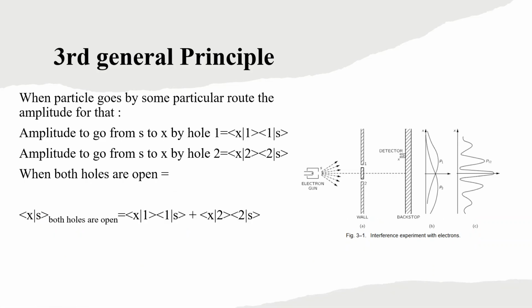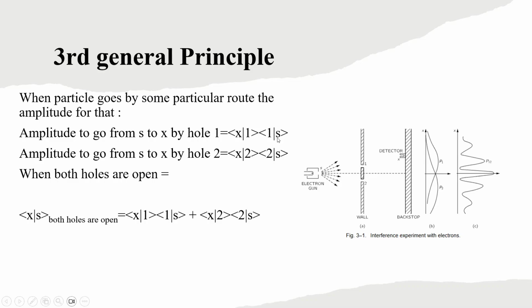Okay. So the third general principle: when particle goes by some particular route, the amplitude for that, let's say amplitude to go from S to X by hole 1, can be given by this Dirac notation. We are going to read it from right to left.